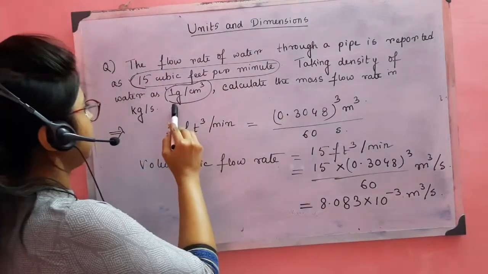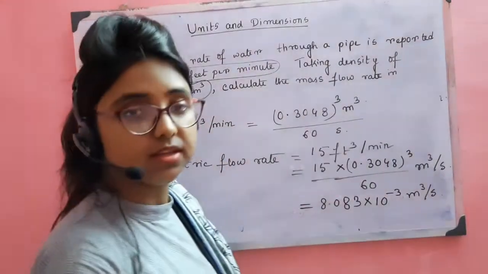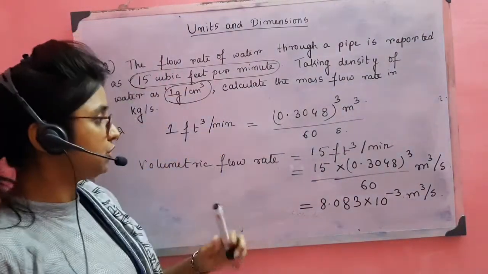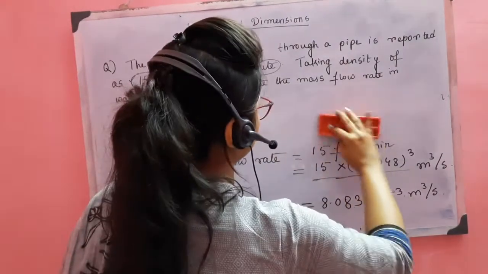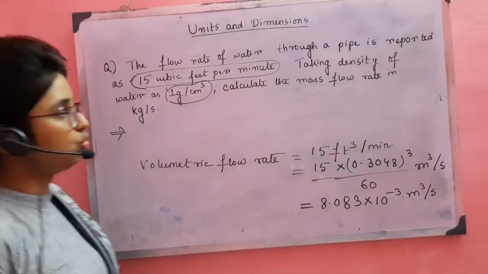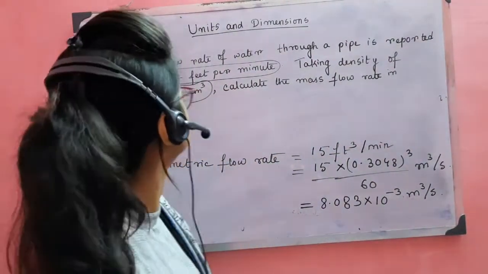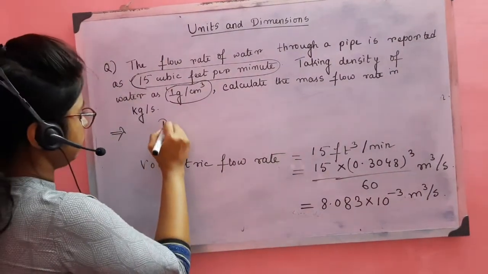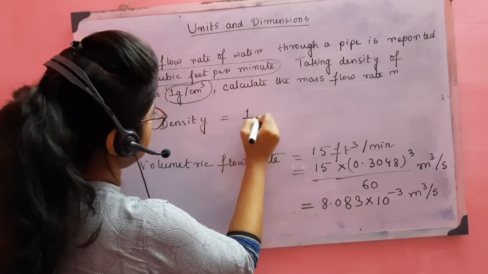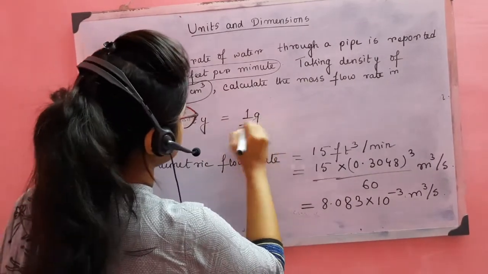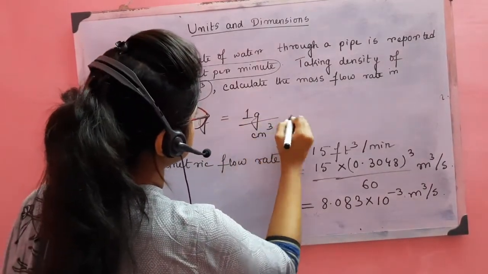Now I have to work out this density. Density is given in gram per centimeter cube. You need to convert it to kg per meter cube. All you need to do is go to the SI units of these things. Density is equal to 1 gram per centimeter cube.